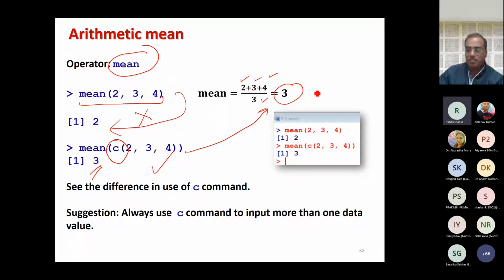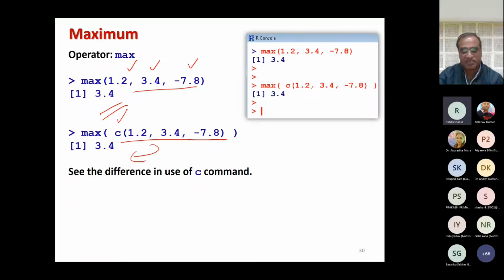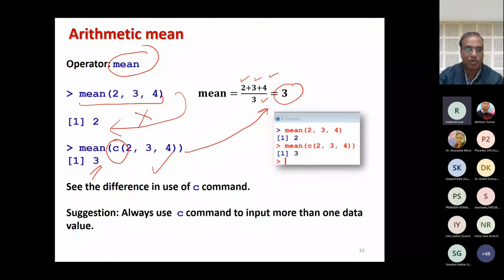But now my question is that in the two cases, maximum and minimum, there was no problem. But in the case of mean, if you use c, it gives the correct answer, and if you do not use c, it gives a wrong answer. So what is correct, what to do and what not to do? And if you see the repercussions of this operation, can you think about it? What will happen with these things?